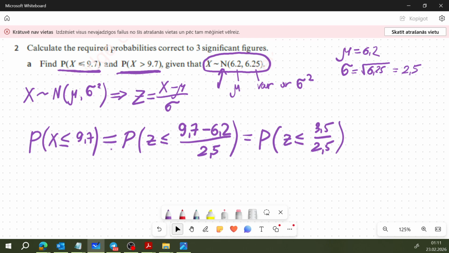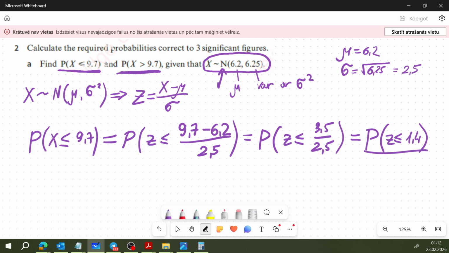If we use a calculator, 3.5 over 2.5, I have 1.4, so it is the same as P when Z is less than 1.4.